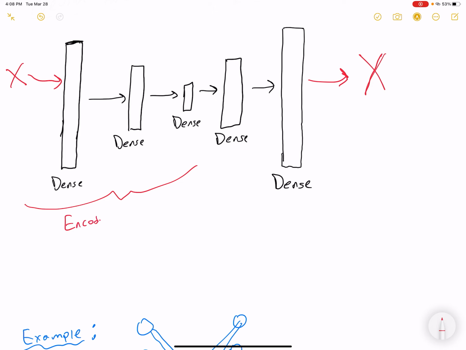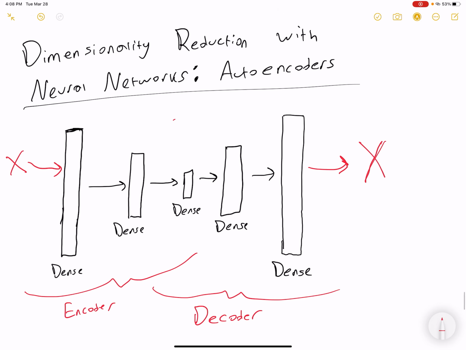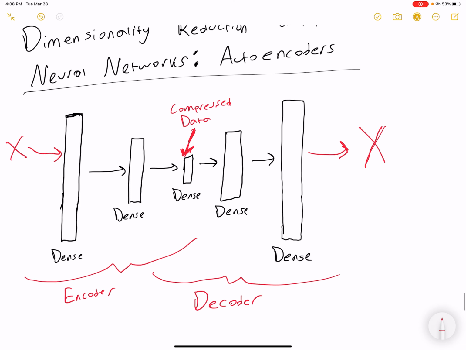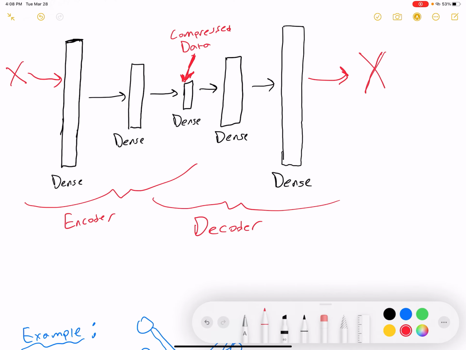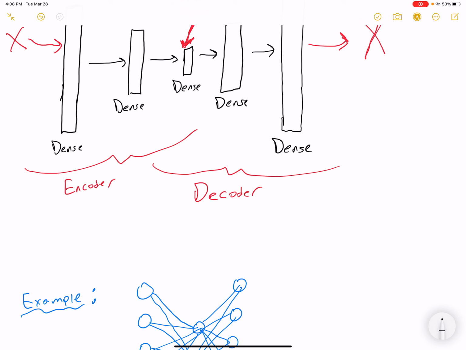And the second half of the network is called the decoder. And this middle layer is the compressed data. So like instead of using .zip, you could use an autoencoder. Although .zip's pretty good.